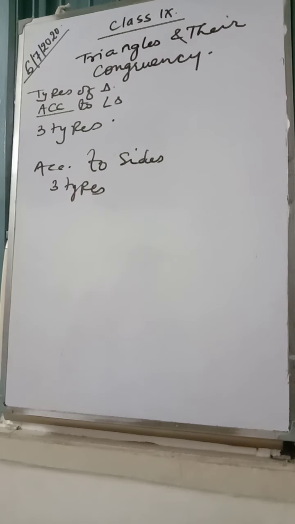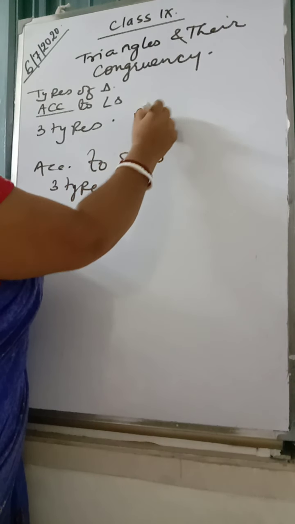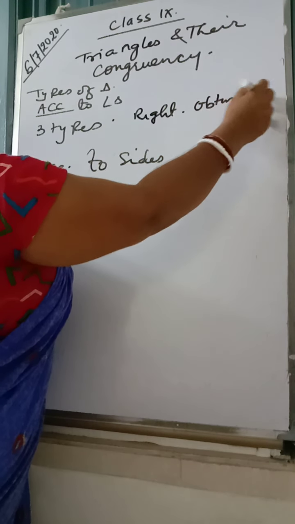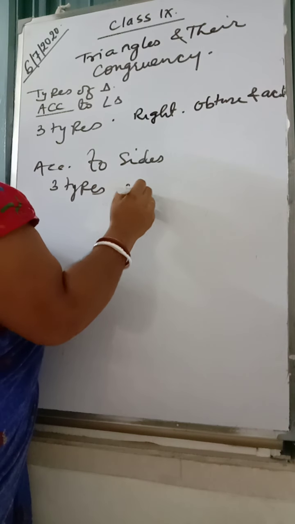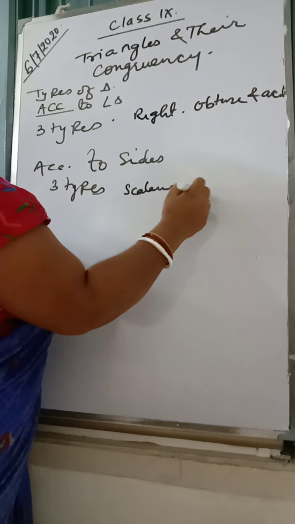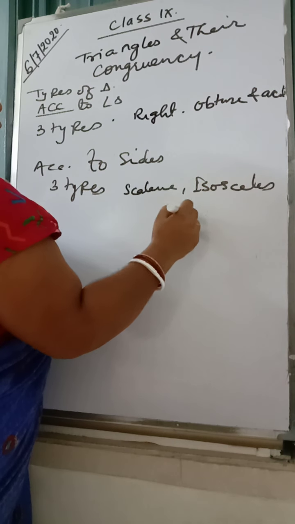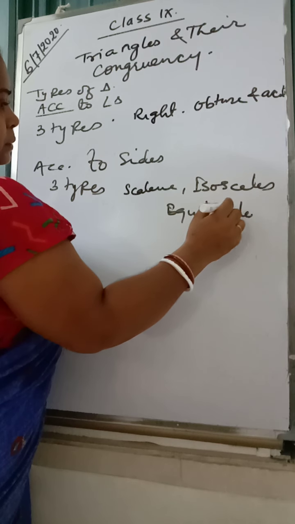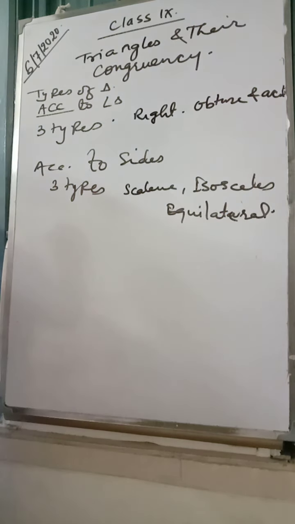We know according to angles, this is right angle, obtuse and acute, and according to sides, this is scalene, isosceles and equilateral. Now what relation does it have?